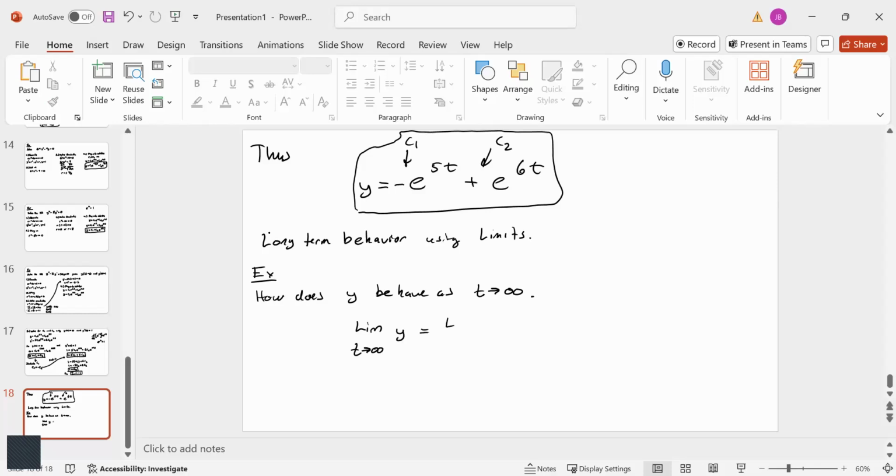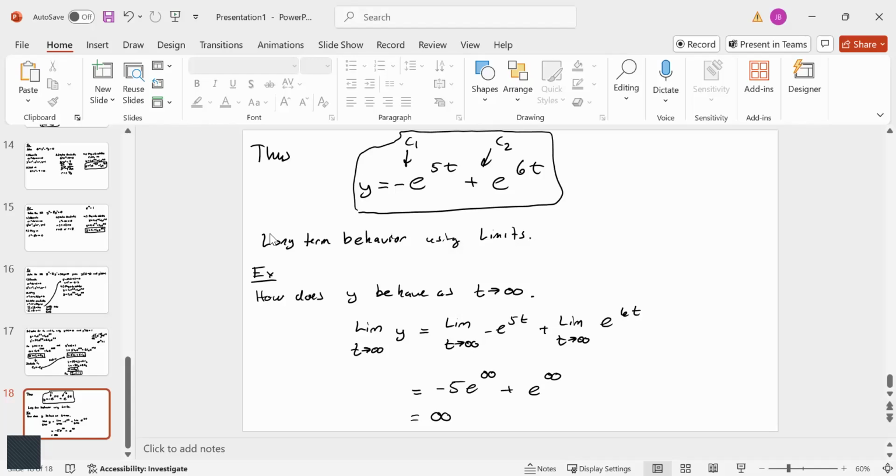Well, if you take the limit as t goes to infinity for y, that's just the limit as t goes to infinity of negative e to the 5t plus the limit as t goes to infinity of e to the 6t, right? If you just plug in infinity, you would get infinity.